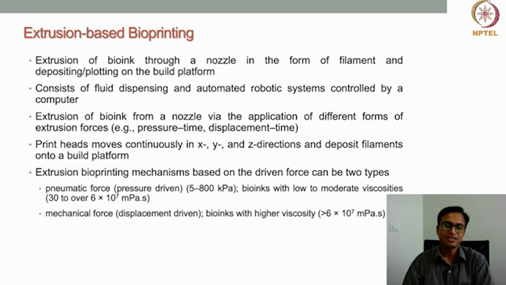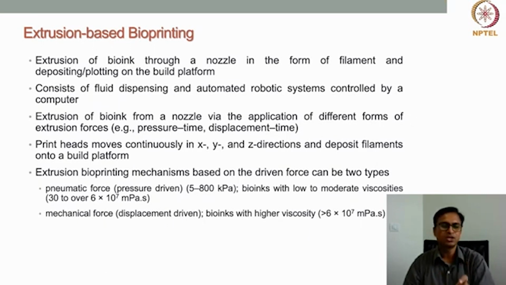Another thing to remember is that the syringe or the cartridge can be put inside a temperature control jacket, so the temperature of the syringe can also be controlled. Either we can heat up the syringe or cool it down.